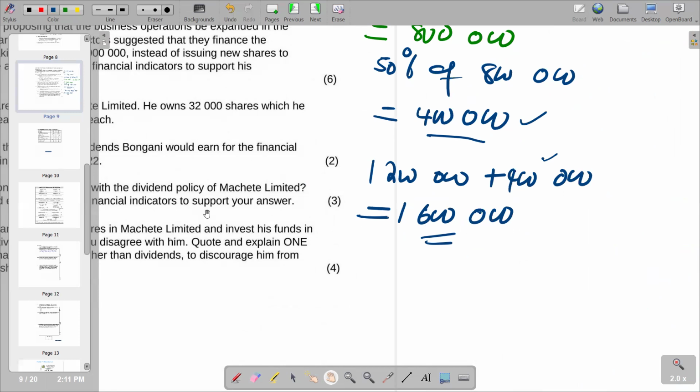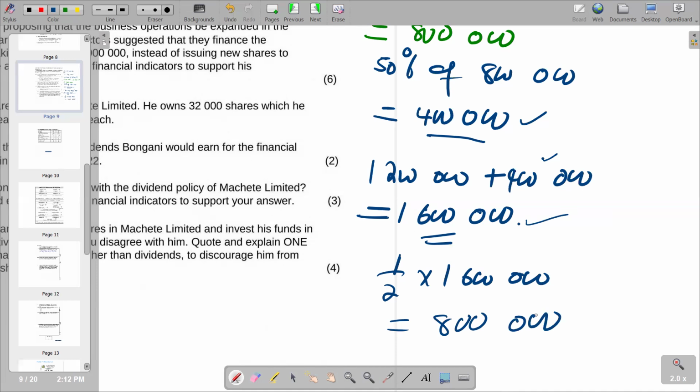So half of 1,600,000, we divide by 2, and you see that 800,000 becomes the half.